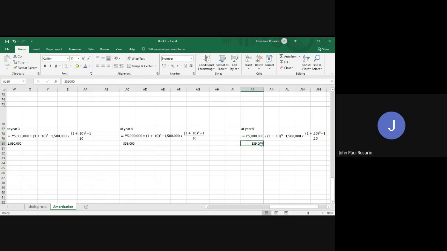Guys, I'm no longer inputting it through my Excel ha. I'm inputting it through my calculator na since I'm showing naman na to you the formula. So this is negative na siya. Negative 1,105,100.